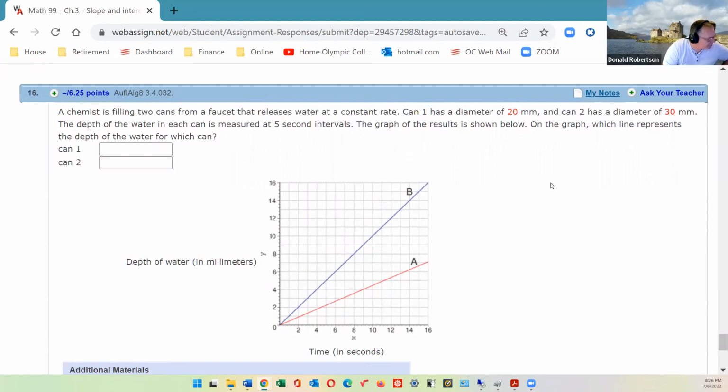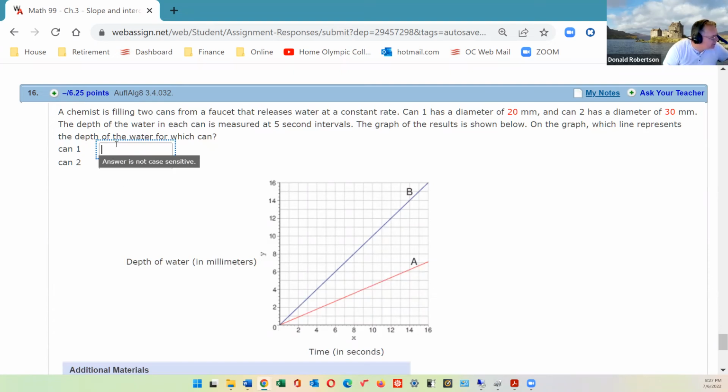Now, if you have a big diameter, your depth of the water is going to rise slower, right? Because you have a big base and it takes more water to go up. So that means that A, because it's taking a lot longer for the water to increase in height, must be the big diameter.